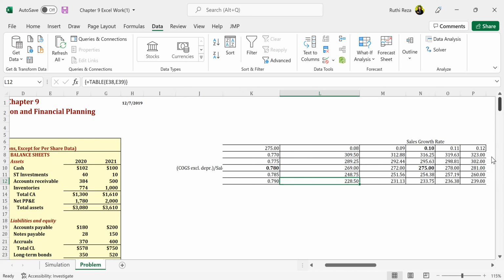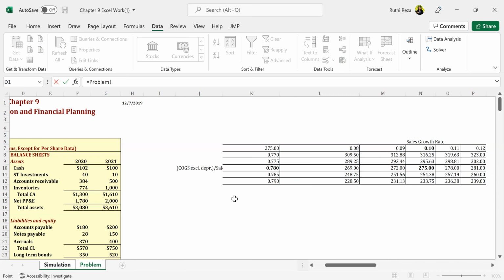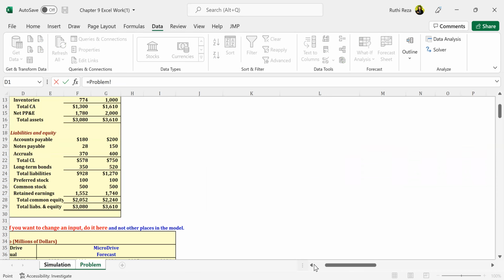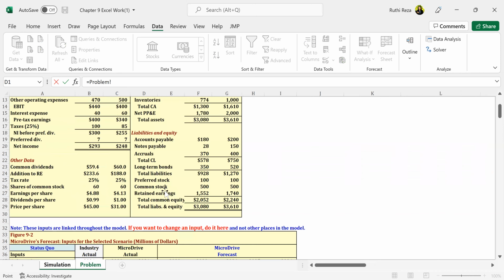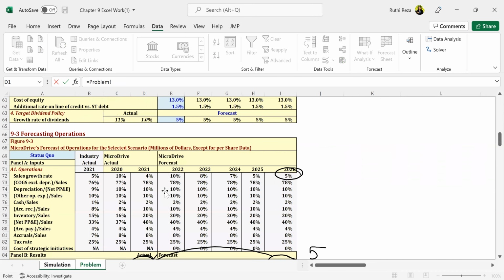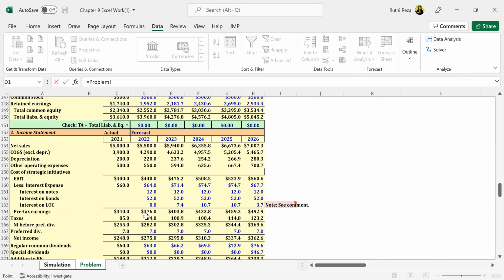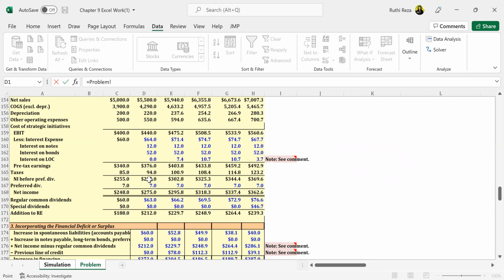All right, now let us do the simulation test. So here, first of all, your expected net income. So your expected net income for the year 2022 is $275, and then standard deviation.